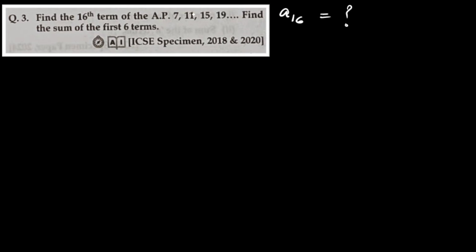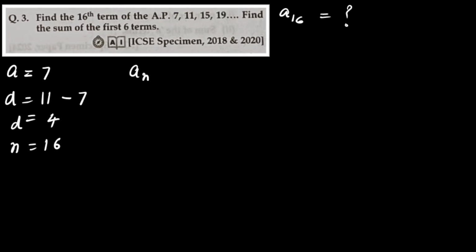So the sequence is given to us. If the sequence is given to us, that means a's value is given to us. a is 7. d also is given to us. So we can do A2 minus A. So 11 minus 7 is 4. So d equals 4. Since A16 we have to find, n's value is 16 here.